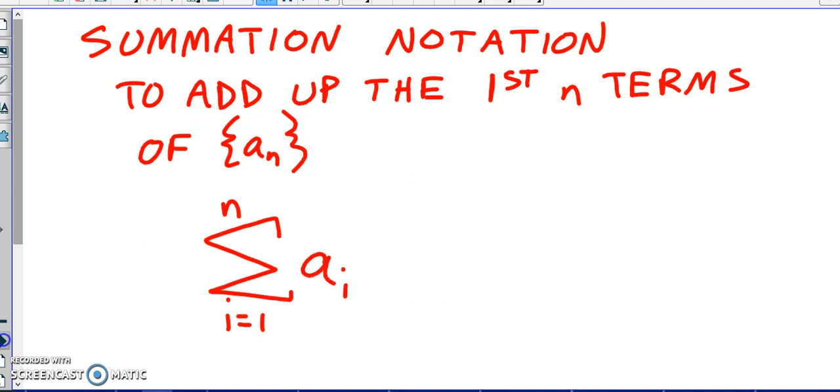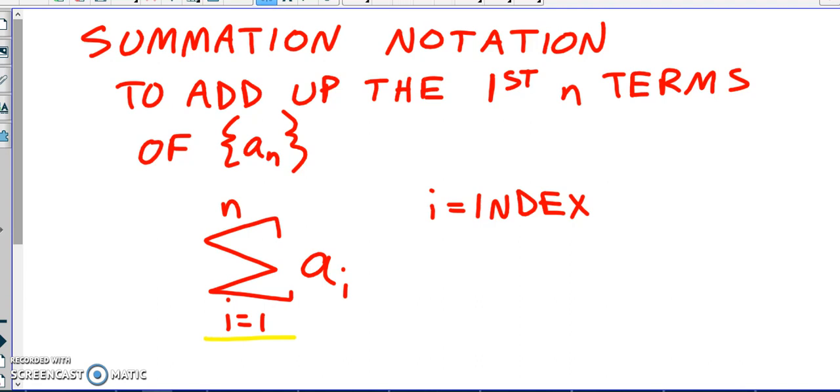That's read the sum from i equals 1 to n of a_i. Here, i is not the imaginary number. i is what's called the index. You can use other letters as well, like j or k. But basically, the way this works is that i starts at its lower limit. Its lower limit is this down here.